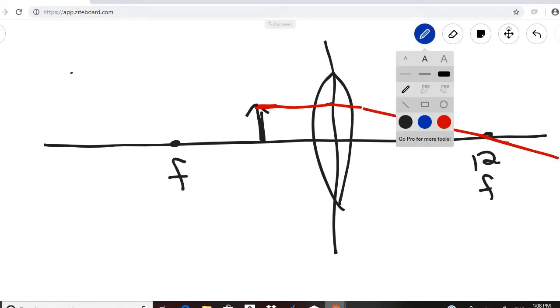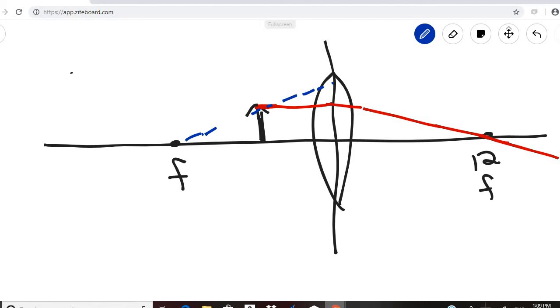And then if it comes through the focal point, it's going to go out horizontally. Okay, so it comes through this focal point, it's going to hit the lens, and it's going to go out horizontally.